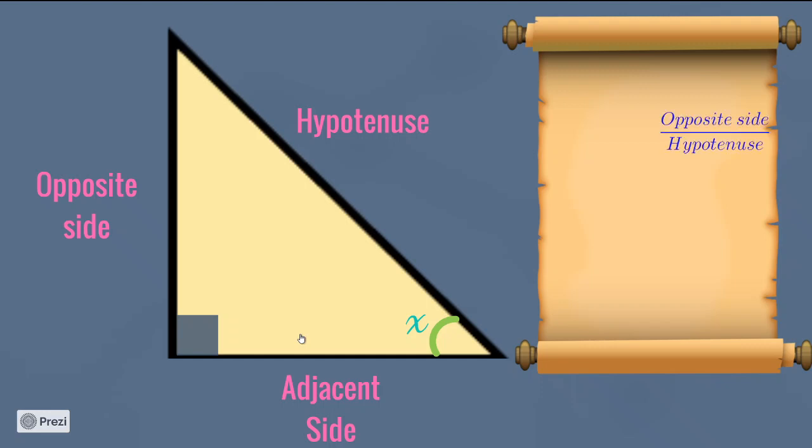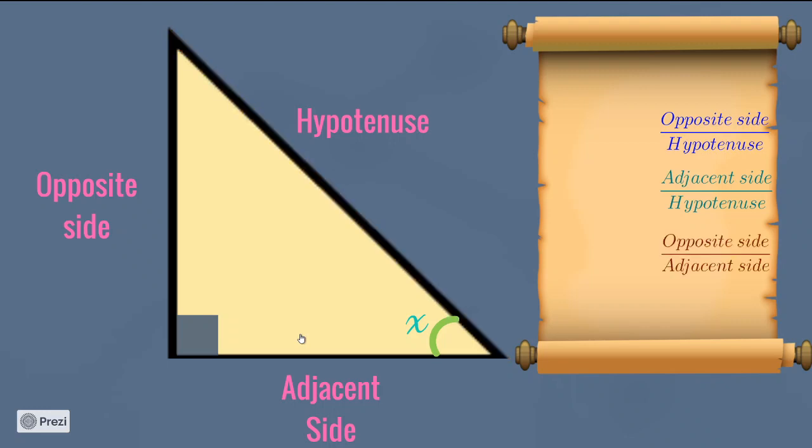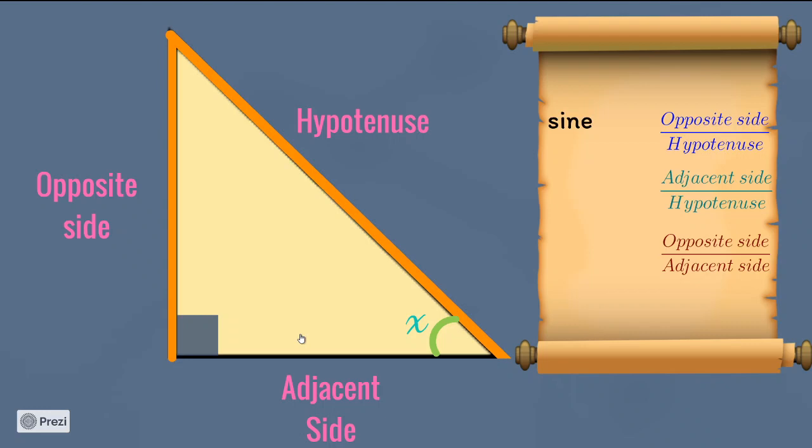We can either take opposite side by hypotenuse, or we could take adjacent side by hypotenuse, that would be another ratio, or we could take opposite side by adjacent side, that would be another ratio. Now this opposite side by hypotenuse ratio is called sine. It has a name to it, and that name is sine.